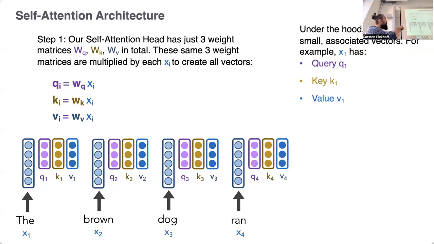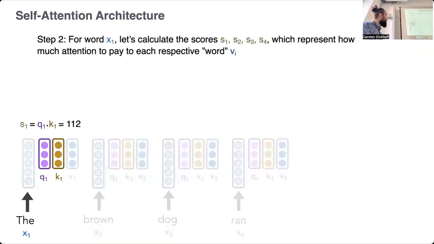And now I have some other vector Q for the query, K for the key, and V for the value, right? And now what we're going to do is go through this and, via these queries, keys, and values, get to these strengths of association that we want to arrive at, all right?